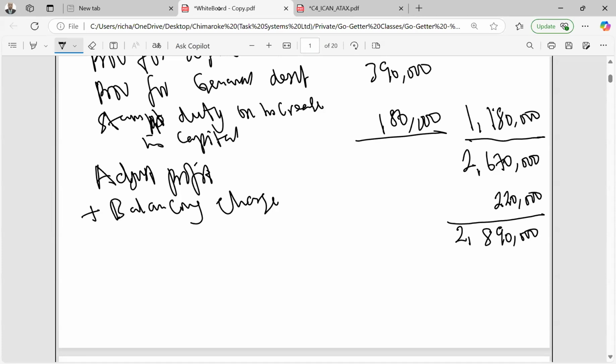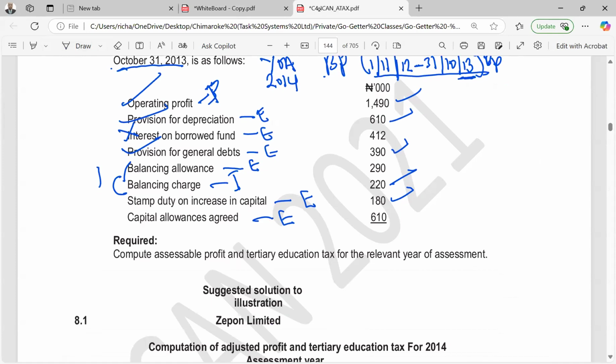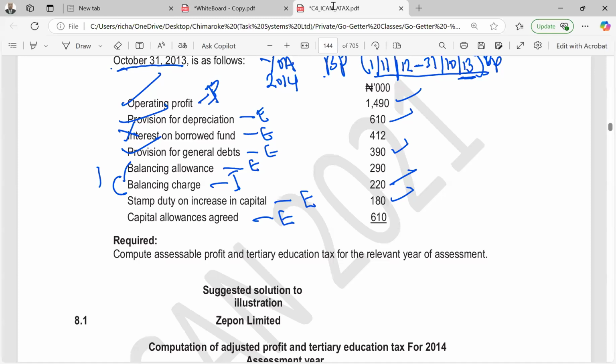So you will now less. What are you lessing? You are lessing balancing allowance and capital allowances. So you now less balancing allowance. Balancing allowance here is 290.